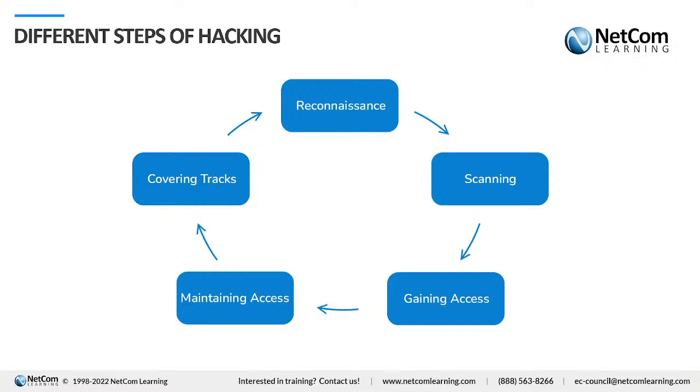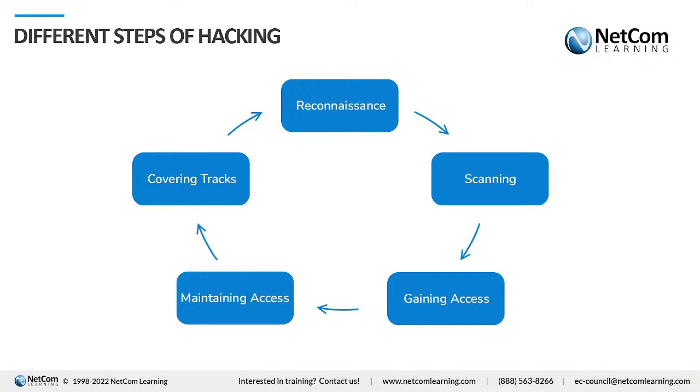Then the next phase of hacking is the scanning phase, in which the hacker's objective is to identify alive systems. Like in the recon phase, he found the IP address or the network range being used by the target.